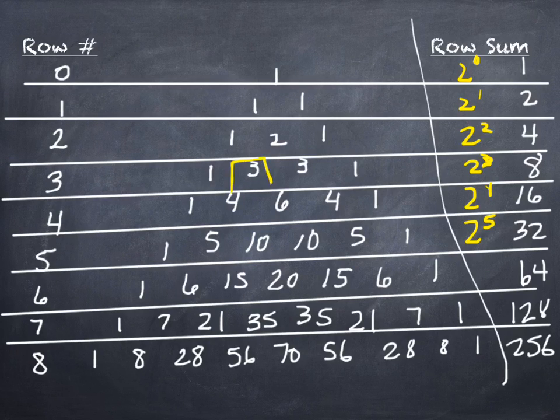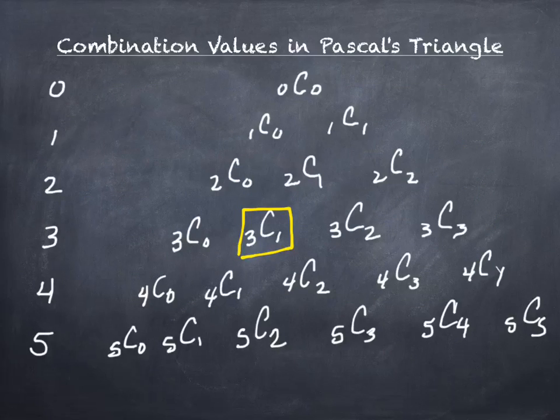It's right here, the number 3. That 3rd row, second entry is equal to the 3C1 that I was in the 3rd row, second entry on this triangle. All of those combinations are the values from Pascal's triangle.